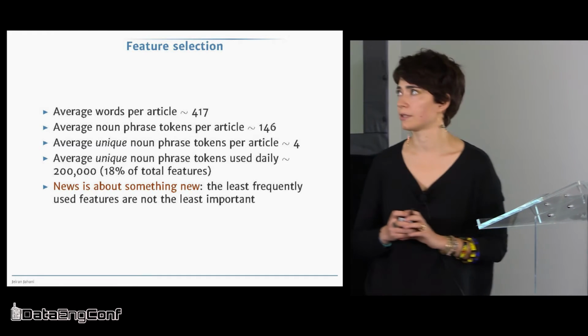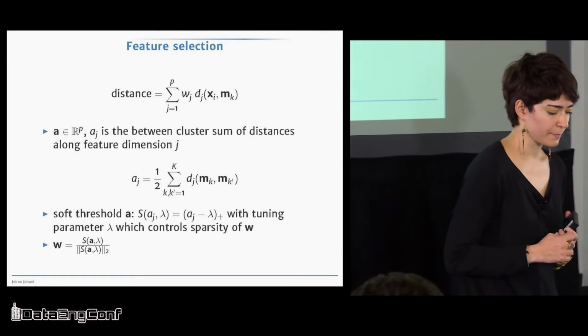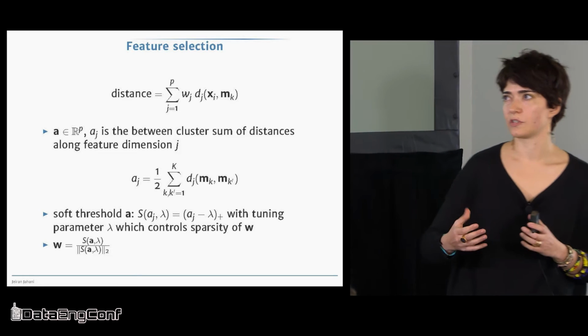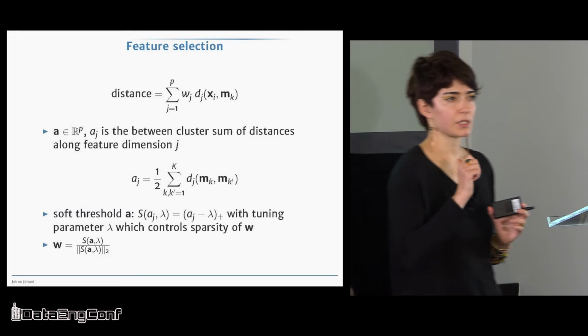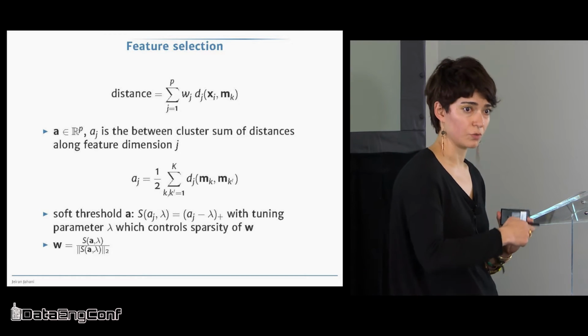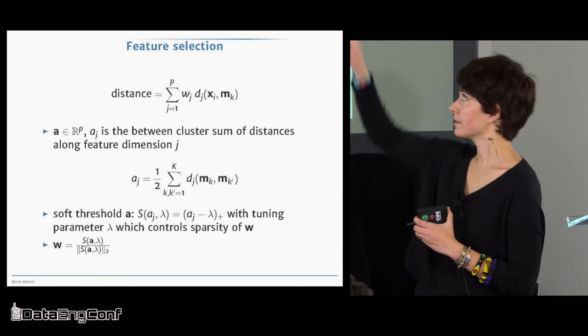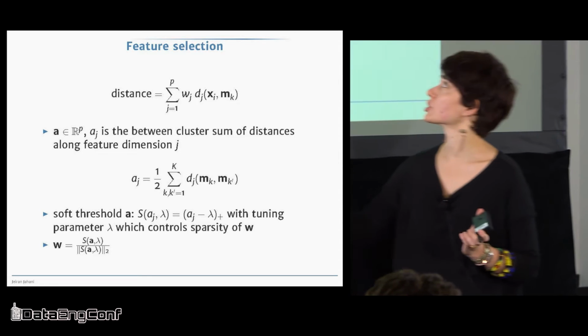So we can get as complicated as we want. And one way of doing that is to weight your features. When you're calculating your pairwise distances, just put a higher weight on dimensions that contribute more to the separation of your clusters, as I said. And Wj is the weight that you put along feature dimension j.